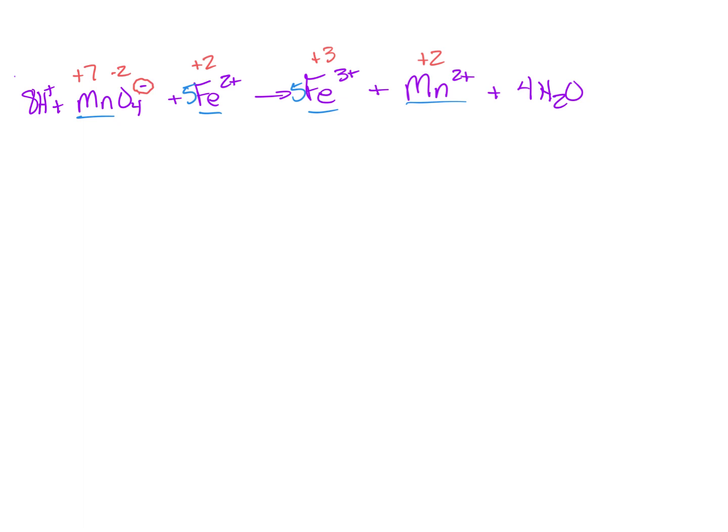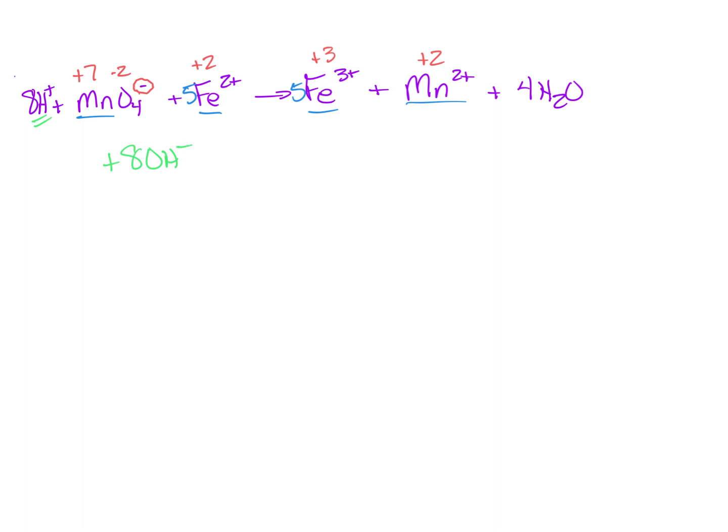So let's just say for a second that this isn't an acidic solution and this is actually a basic solution. That means that I would not have this hydrogen plus on the left available in my solution because it's not acidic, it's basic, which means I would have lots of hydroxides available.